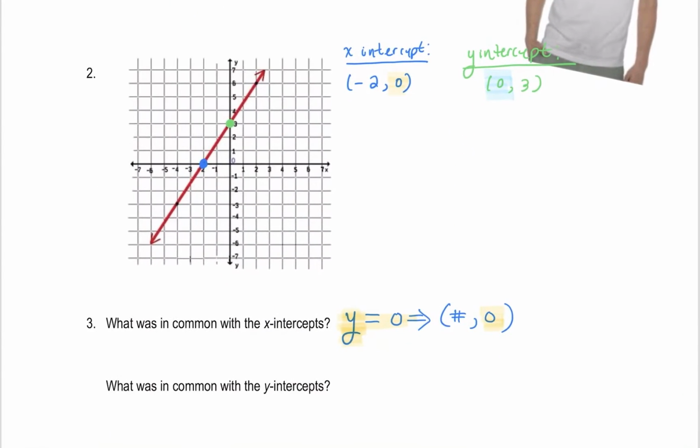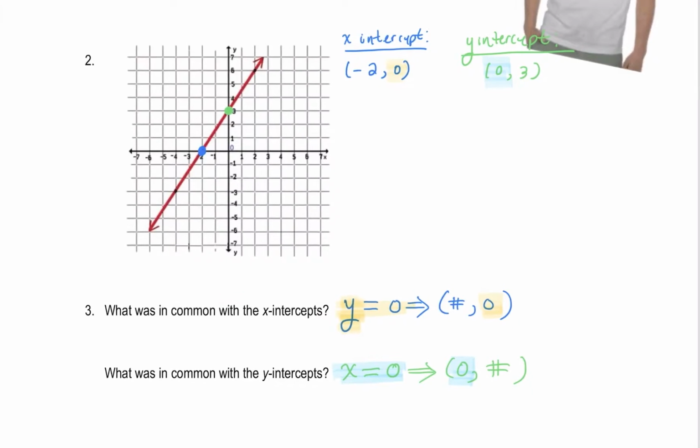So as I look at the y-intercept, it is the x-coordinate that is equal to 0. So that is, we're looking at ordered pairs of the form 0, comma, a number. So the x-coordinate was equal to 0.